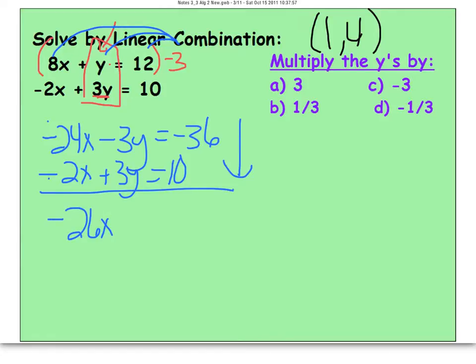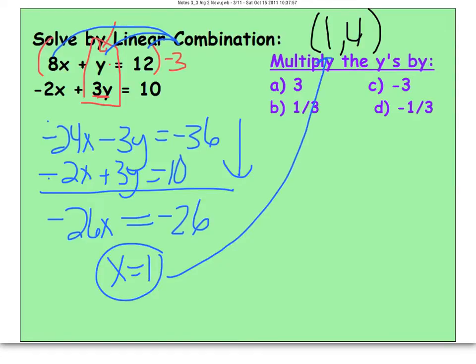Negative 3y plus y is 0. That equals negative 36 plus 10, which is negative 26. If you solve for x, you're going to get 1, which is exactly what we knew would be the answer. So know there's multiple ways you can approach it. Sometimes it's nice to find the quickest and easiest one though.